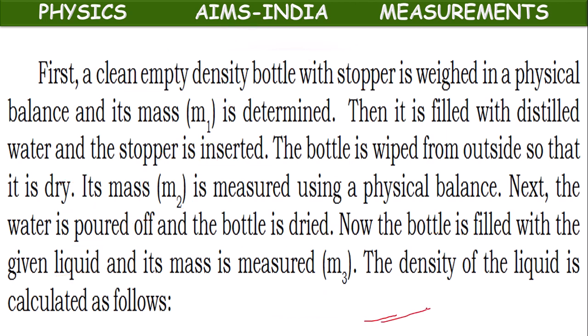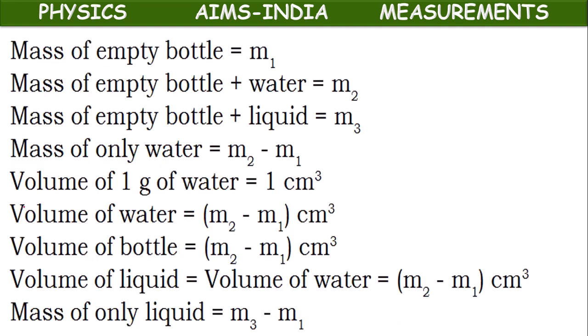So now let's see how to find density in this case. Mass of empty bottle is M1. Mass of empty bottle plus water is M2. Instead of water, if you want to find the density of alcohol or pineapple juice, any juice, it is the mass of empty bottle plus whatever liquid's density we are going to find.